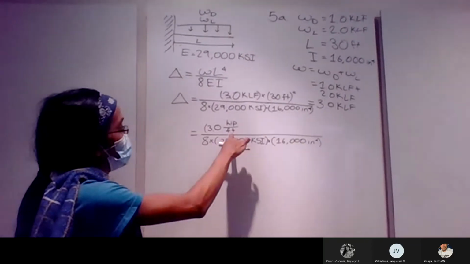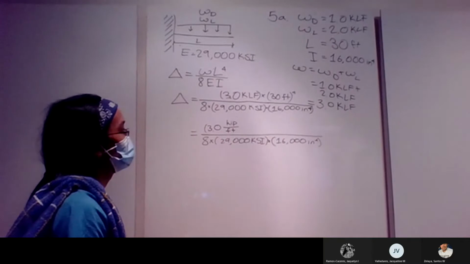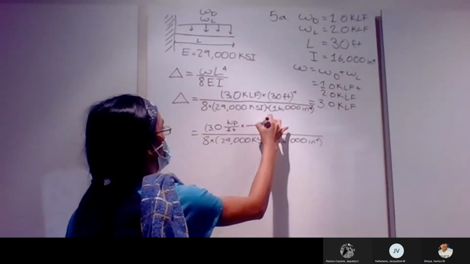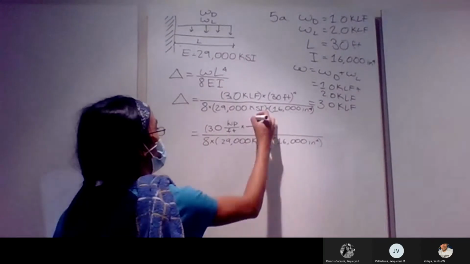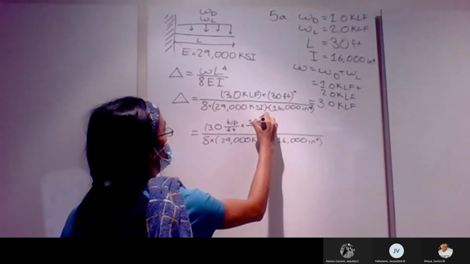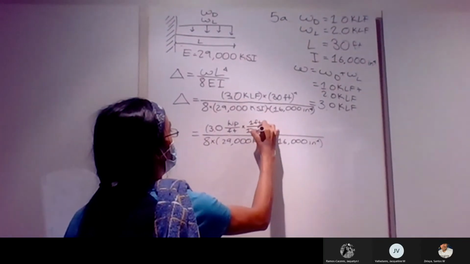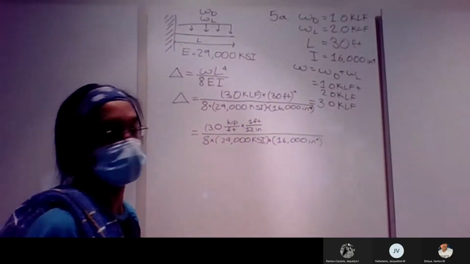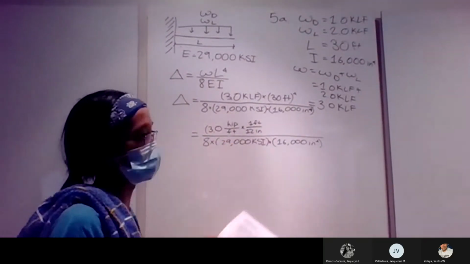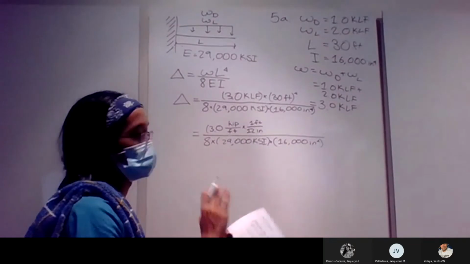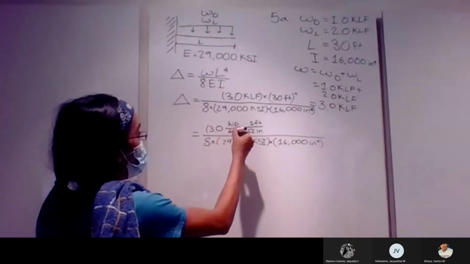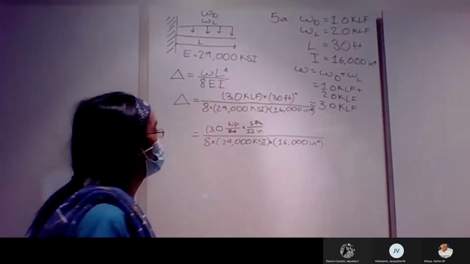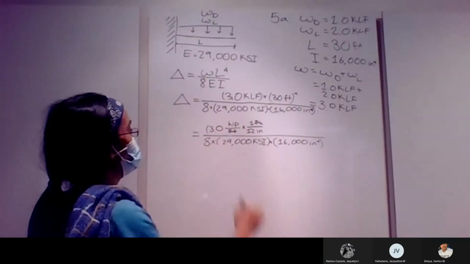So we're going to want to turn this feet into inches. Remember what we did earlier. We're just going to multiply by 1, essentially. We're going to multiply by 1 foot over 12 inches. 1 foot, 12 inches, they're the same. We're multiplying by 1, not changing the equation at all. We're just taking away this foot right here. So those cancel out, and now we're left with kips over inches.